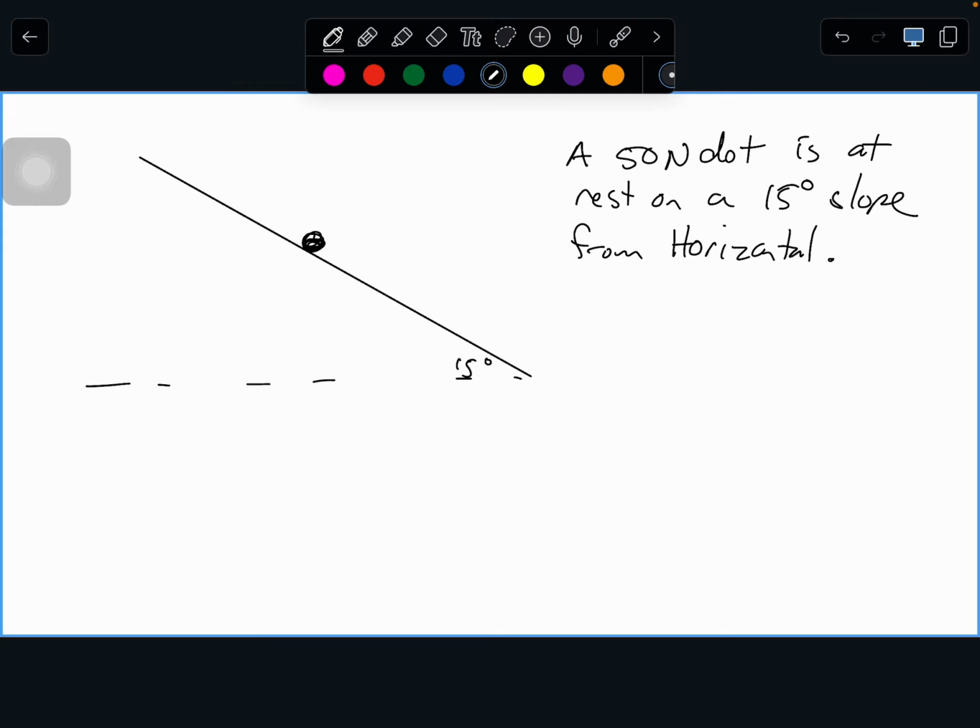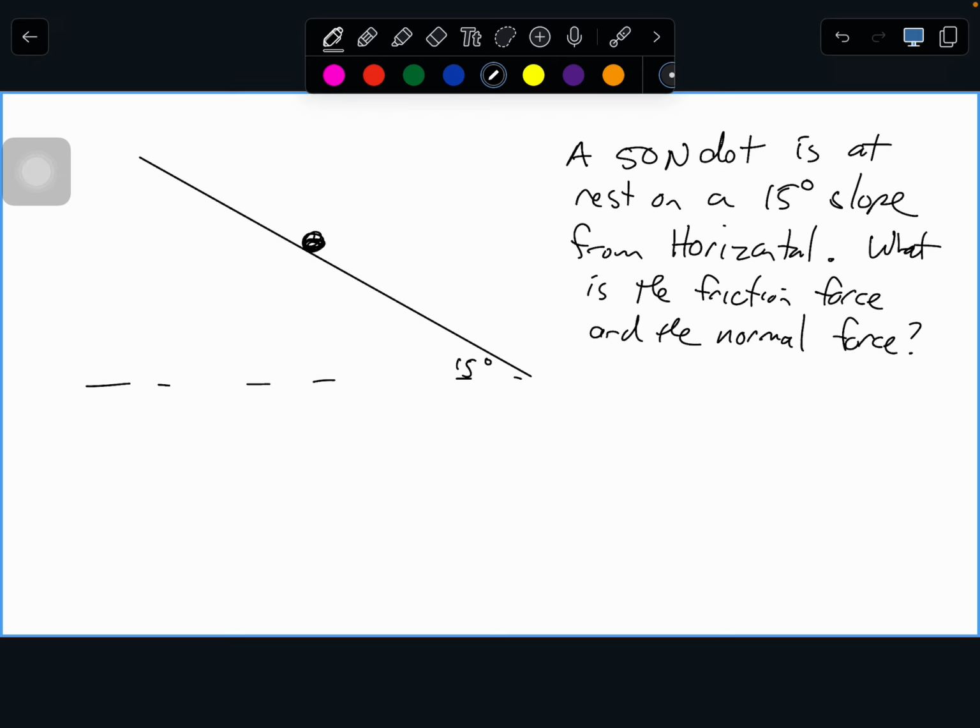Okay, what is the friction force and the normal force? So what's the friction force and what's the normal force acting on this?